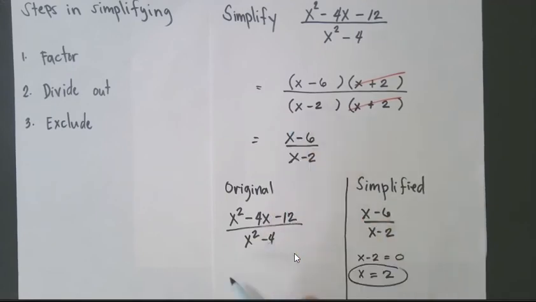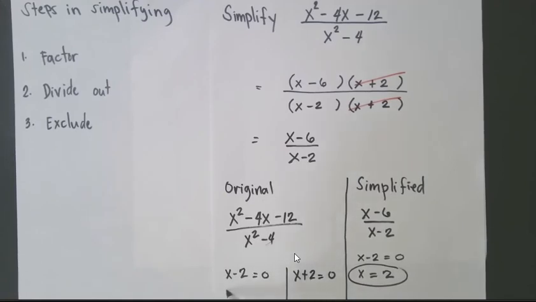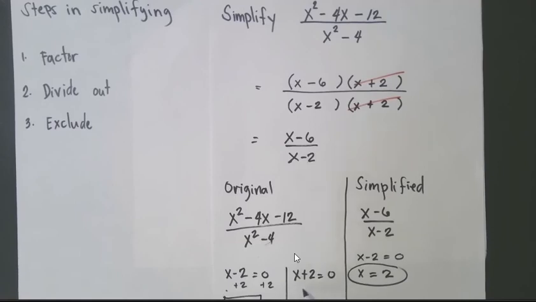We have x minus 2, equate that to 0. And then you have another one, which is x plus 2 equals 0. So let's solve for x. Add 2 on both sides, so we have x equals positive 2. Here, subtract 2 on both sides, so x will be negative 2.